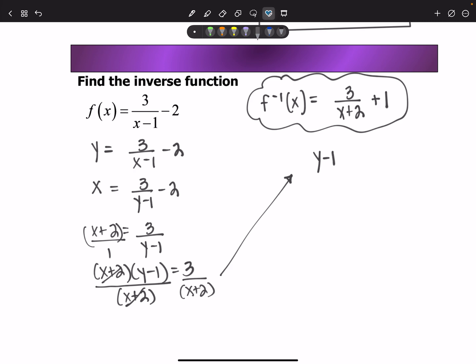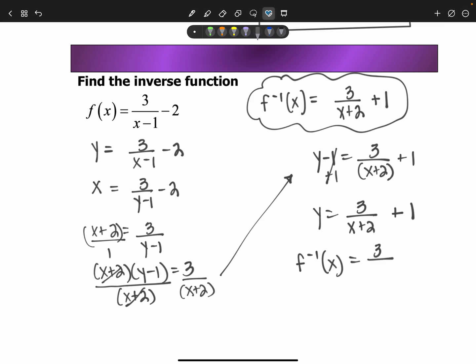That gave us y minus 1 on the left equals 3 over x plus 2 on the right. I added 1 to both sides. Y equals 3 over x plus 2 and then plus 1. And the y becomes an f inverse of x equals 3 over x plus 2 plus 1. And that's how we got the answer.